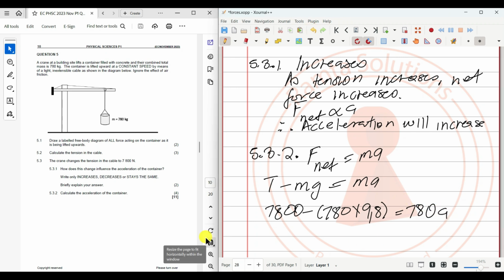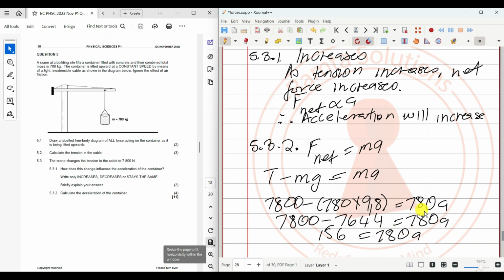So 7,800 minus 780 times 9.8, which is 7,644, equals 780 a. So 156 equals 780 a.